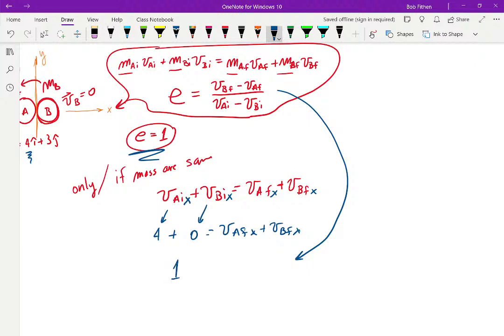I'm just going to use E equals VB final in the x direction minus VA final in the x direction, over VA initial in the x direction minus VB initial in the x direction. First let me copy it, and then I'll erase portions.